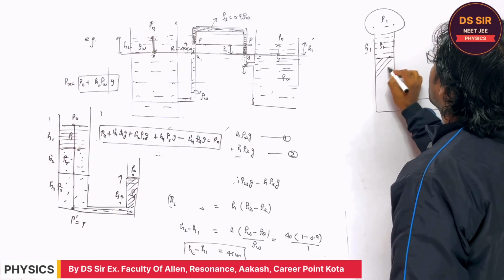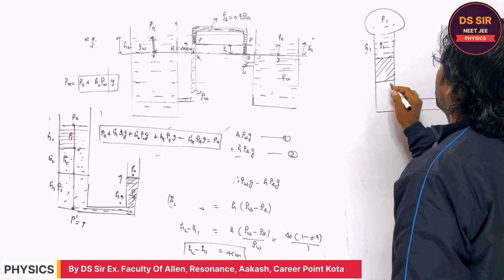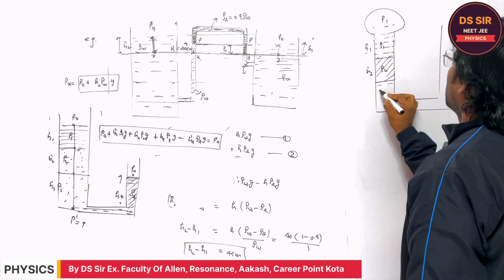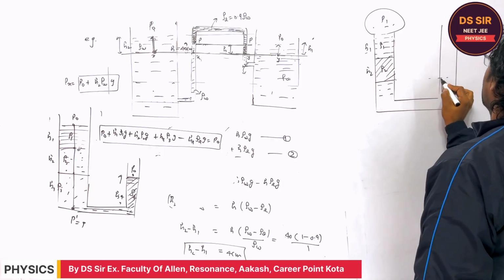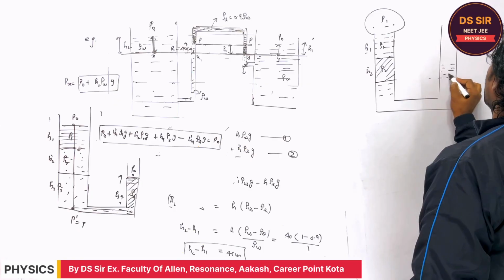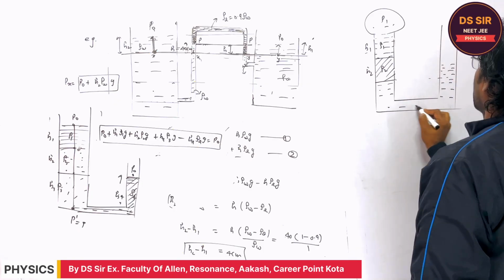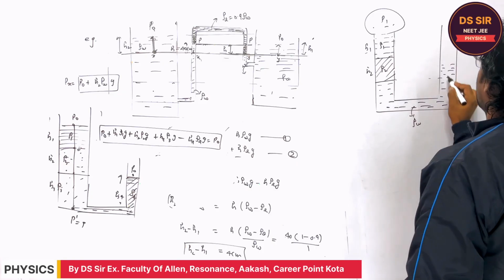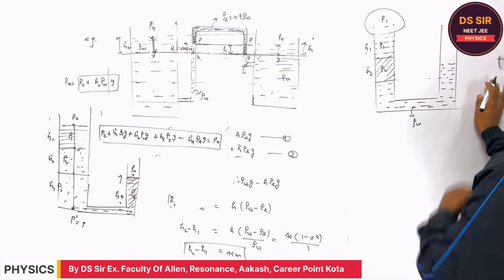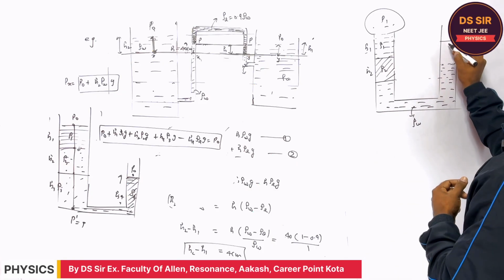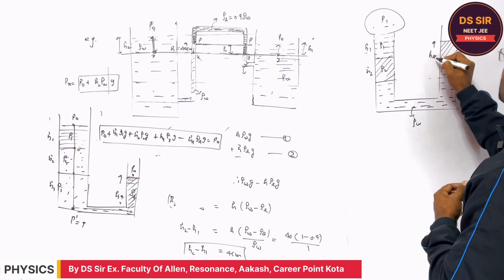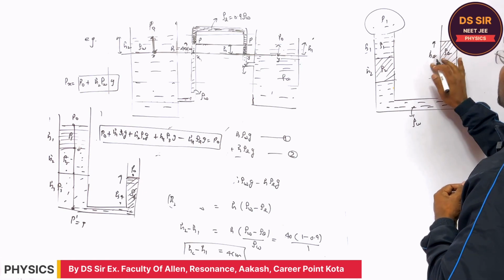Now there is another liquid, H2 rho 2. Now this liquid is filled up to this level. Suppose this is the water, and it is filled like this, and there is another liquid like this. This is H4 rho 4. Are you getting or not?